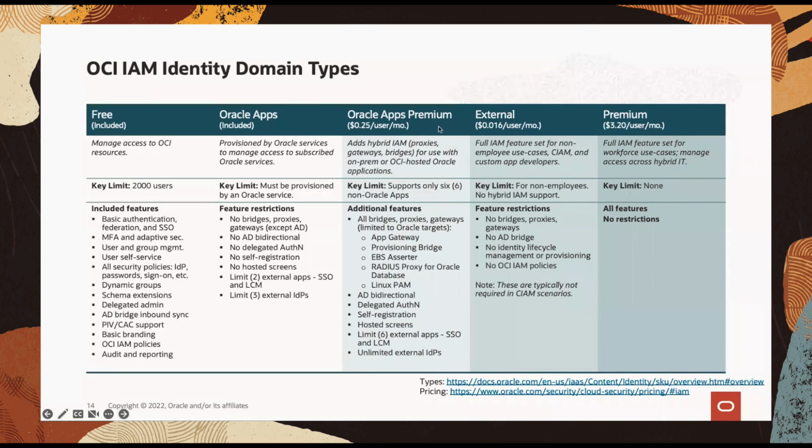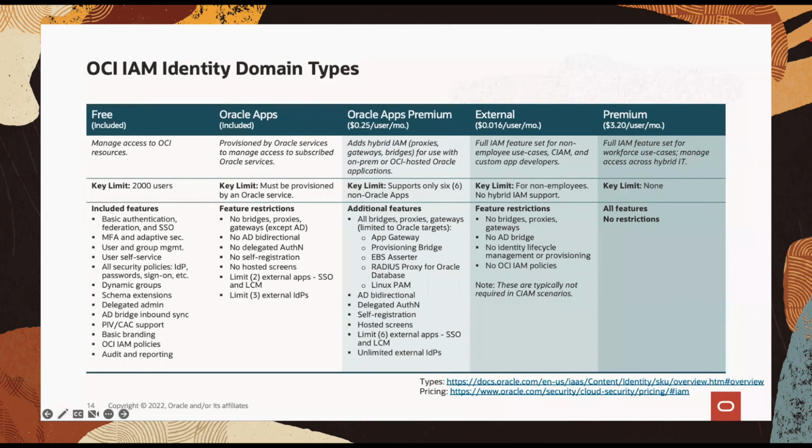So you can treat Oracle Apps Premium specifically for Oracle applications, but some customers do have a majority of other non-Oracle applications as well. In case they have a majority of Oracle applications and fewer than 6 non-Oracle apps, then this would be the ideal licensing type for the customer.